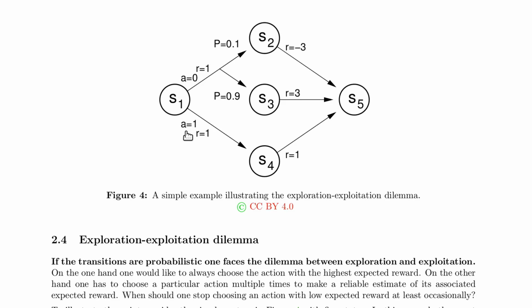So if it takes action 1, it gets a reward of 1 here, it transitions to S4, it gets another reward of 1, and transitions to S5. Right?